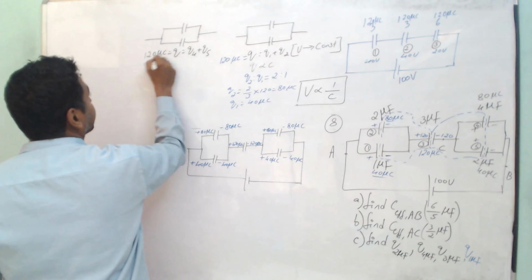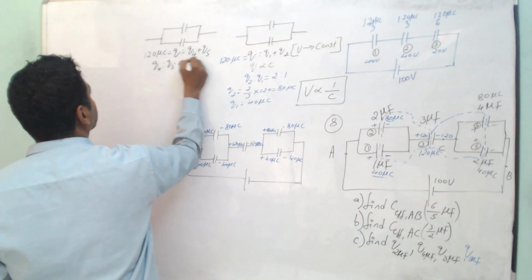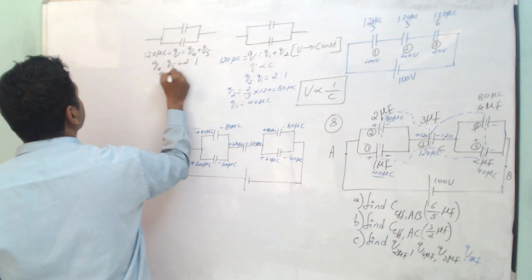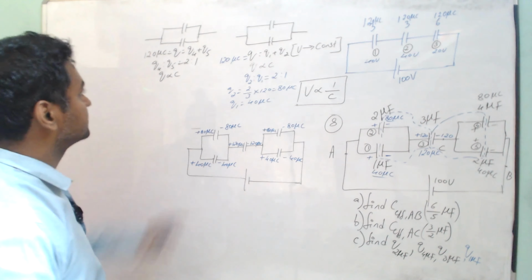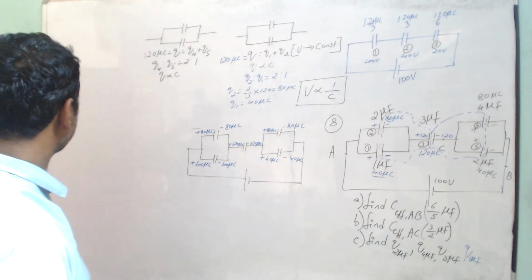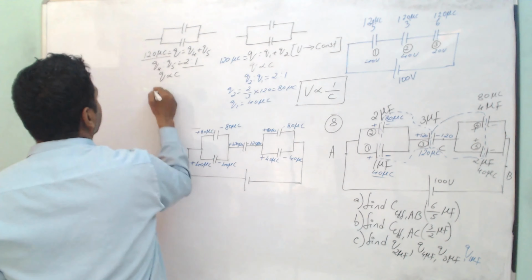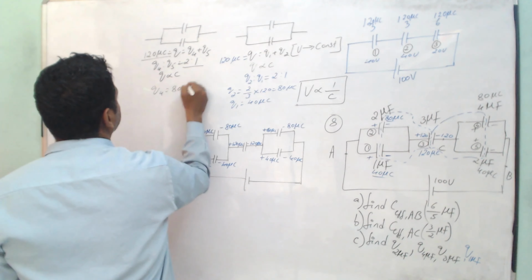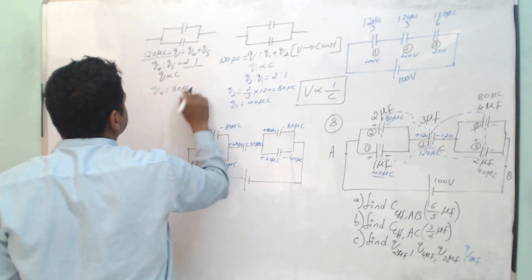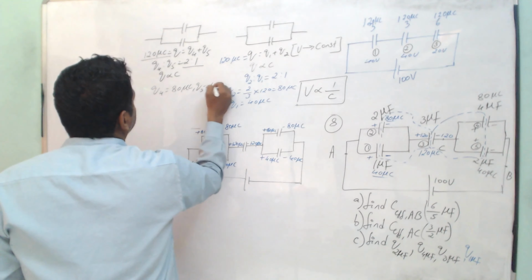Yes, sir. And I have Q4 is to Q5 is 2 is to 1, and I have Q is proportional to capacitance, right? So I have ratio 2 is to 1, total 120. Obviously, Q4 is 80 microcoulomb, and of course, Q5 is 40 microcoulomb.